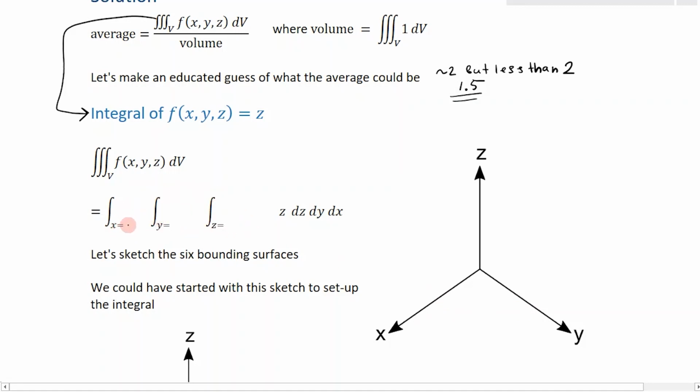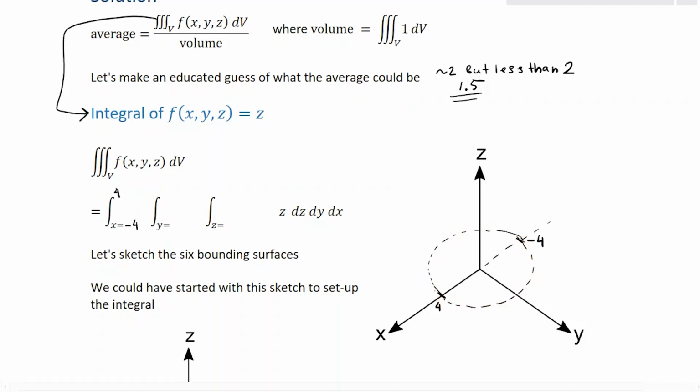Let me start from the outside. I'll choose the bounds between -4 and 4, so x would be at most 4 and at least -4. For every value of x, I want to describe the semicircle. I want to actually describe everything inside of this circle here.